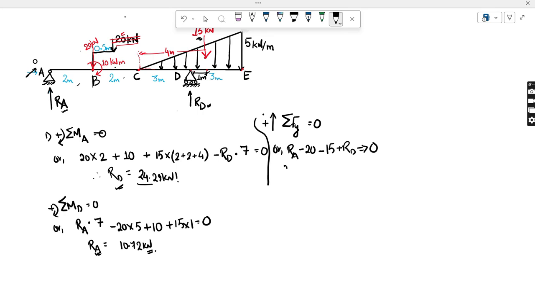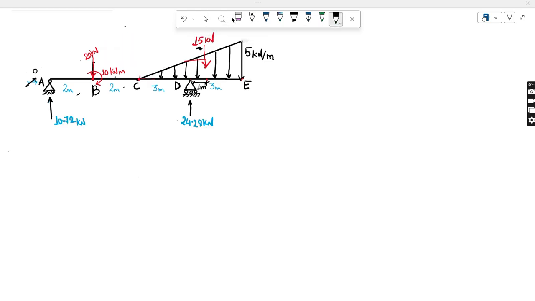If you substitute, 10.72 minus 20 minus 15 plus 24.28 equals to 0, yes, this is 0. So what we have done is true, and our reactions are correct up to now. We have RA at 10.72 and RD at 24.28 kilonewton.